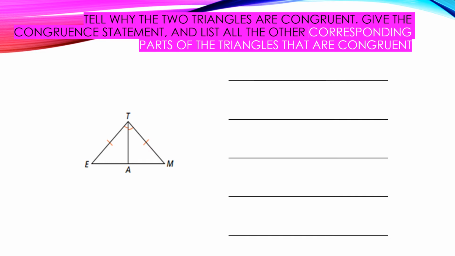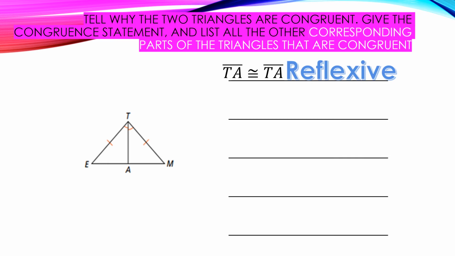Looking at these triangles here, I have two sides that are congruent, and I have two angles that are congruent. That, to me, I can use one of my theorems, which would be side, angle, side. And to get this piece here congruent, we know that TA is the same thing as TA. That line is congruent to itself by the reflexive property.